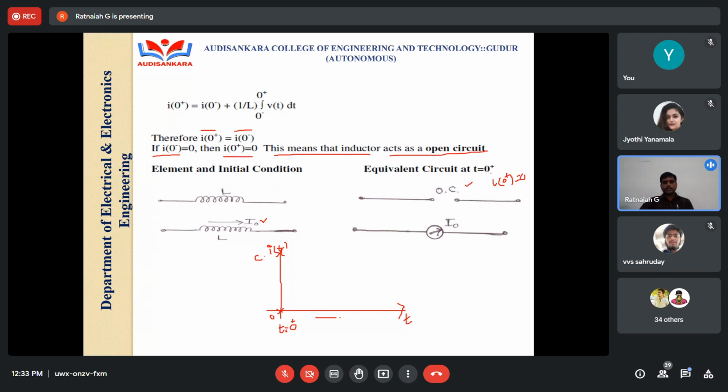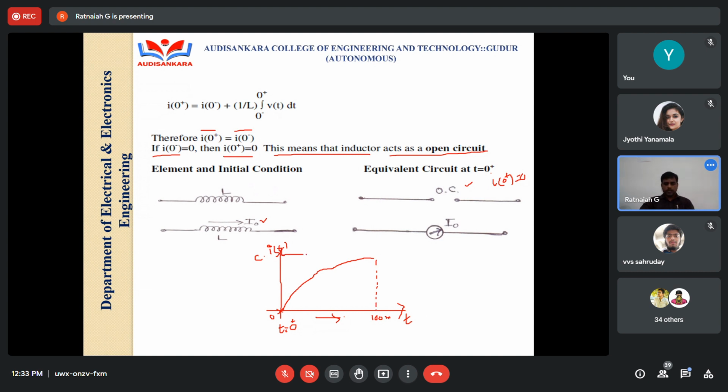Now I'll keep on increasing time T, 1 second or 2 seconds or 1 hour or up to 10 minutes or 100 minutes, whatever it is. While doing this, the current through the inductor keeps on rising. It can store the maximum energy at 100 seconds or 100 minutes, whatever it is.